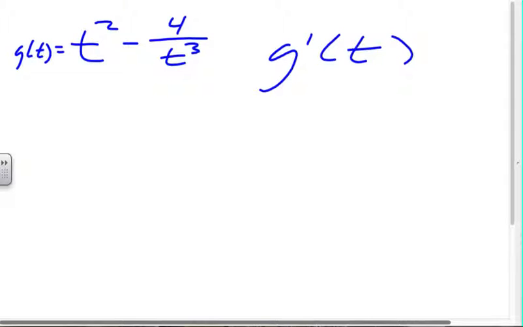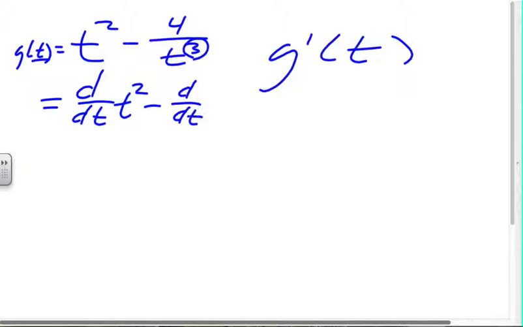If you've been paying any attention at all, you notice I break it up, so what I'm going to do is do d dt, because t is my variable, of t squared minus d dt of 4t to the negative 3.